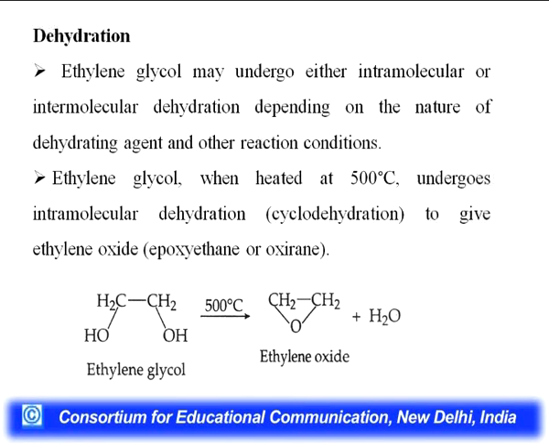Ethylene glycol, when heated at 500 degrees Celsius, undergoes intramolecular dehydration, that is removal of a water molecule within the same molecule. It is also called cyclodehydration to give ethylene oxide, because the product you are getting here is a cyclic product, or you can say it is ethylene oxide or epoxyethane or oxirane.